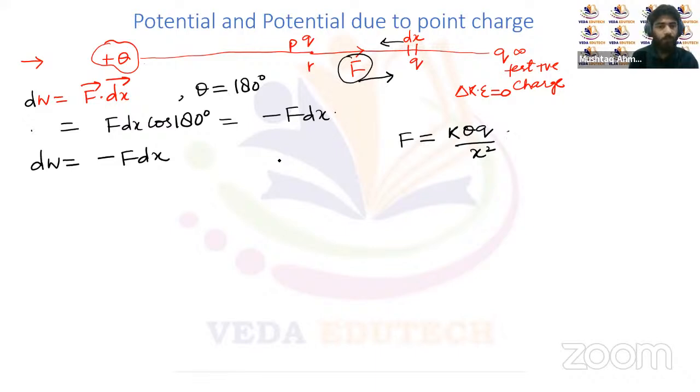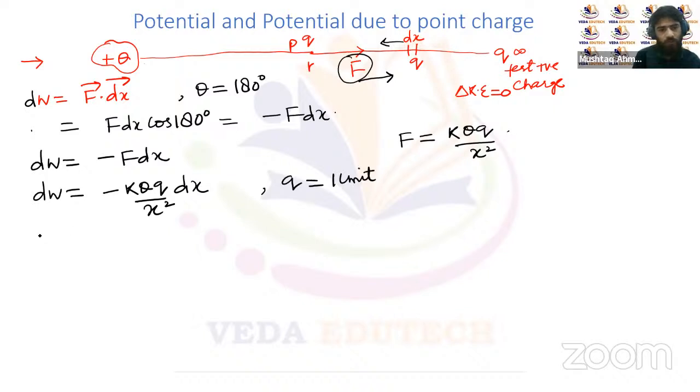So the work done dW will be equal to minus kQq upon x square into dx. And this charge q is a unit test charge, equal to 1 unit. It means that the work done dW is equal to minus kQ upon x square dx, right?